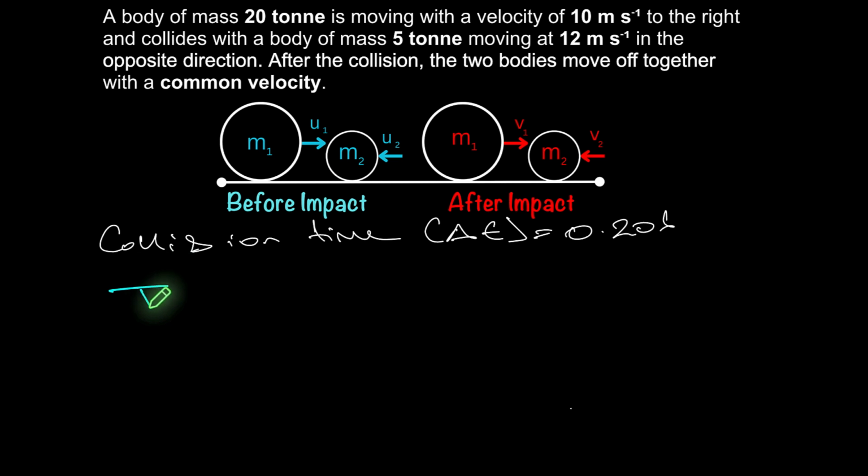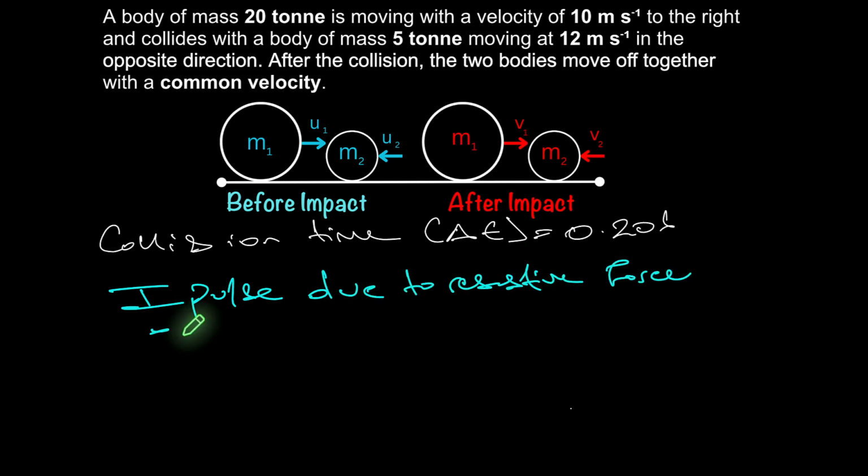Now another quantity we could look at is the impulse due to the resistive force. We're going to take this over a particular period of time, so say over 4 seconds. Now for some reason I've erased the resistive force that I've written earlier. It was 30 kilonewtons, just to put that into context here.